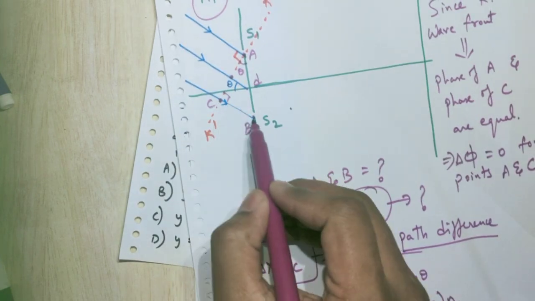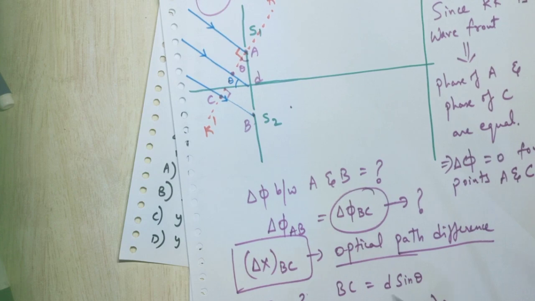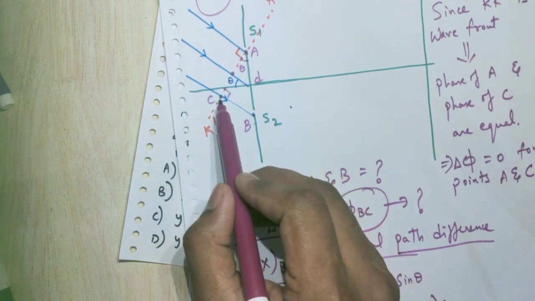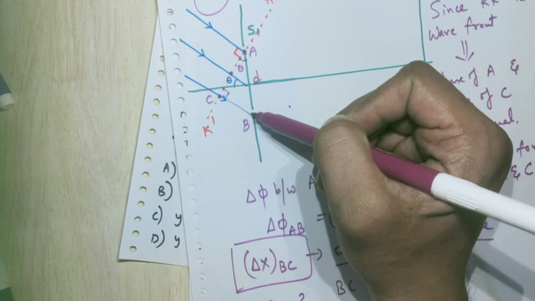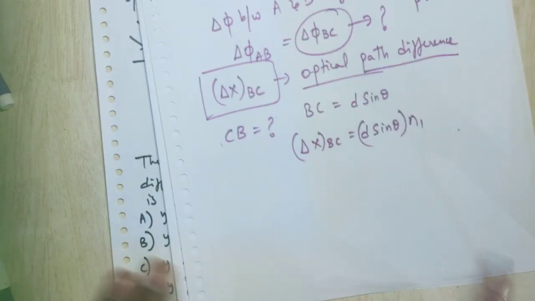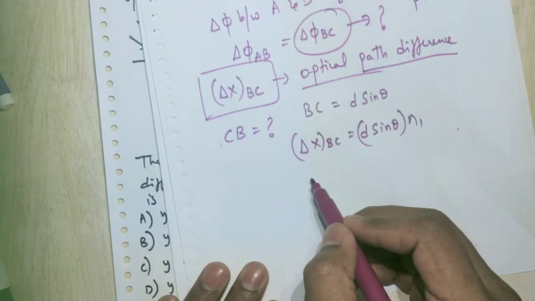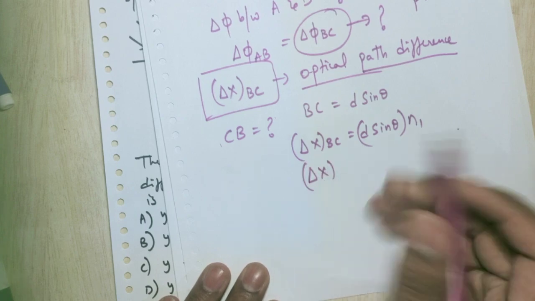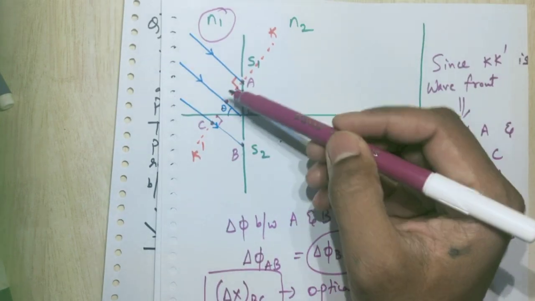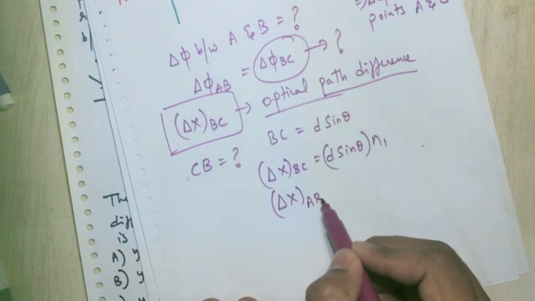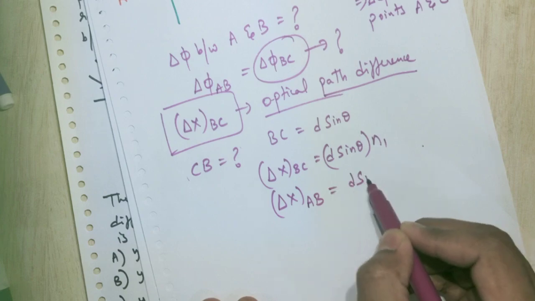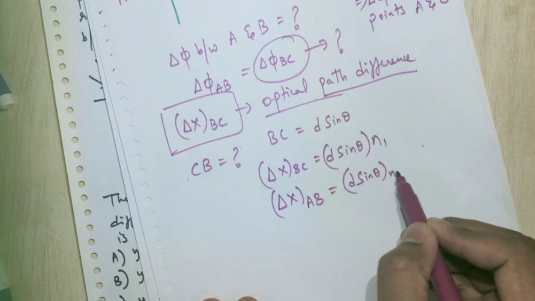between these two points. And we also know that the path difference between these two points is the same as the path difference between these two points. So you can also say this is nothing but the path difference between points A and B, which can also be written as d sin theta into n1.